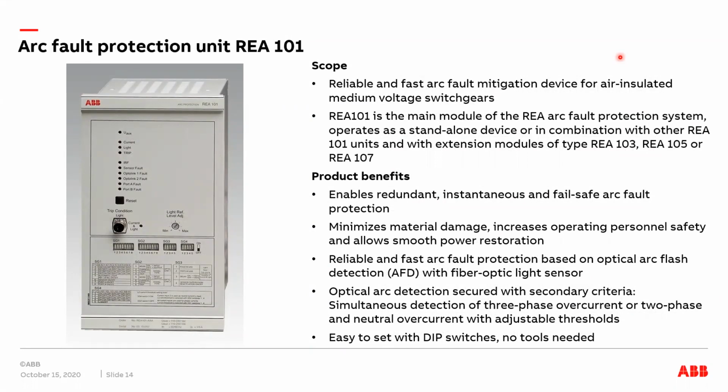Let's now look closely at the main unit. It enables redundant, instantaneous, and fail-safe arc fault protection. I mean it's redundant because it's an additional protection to normal overcurrent and arc fault protection relays.